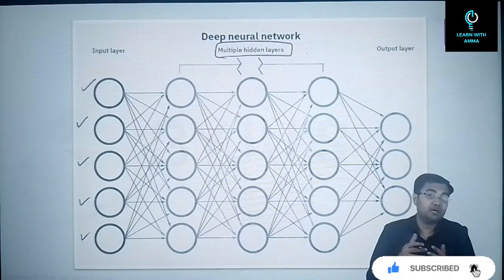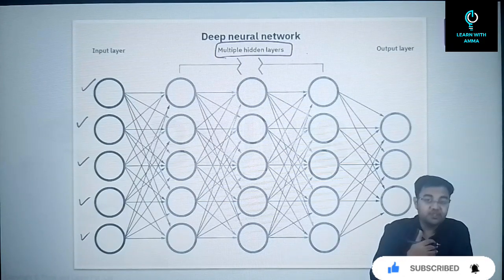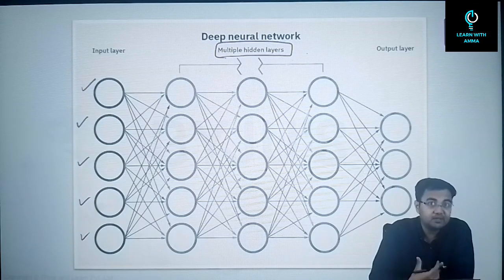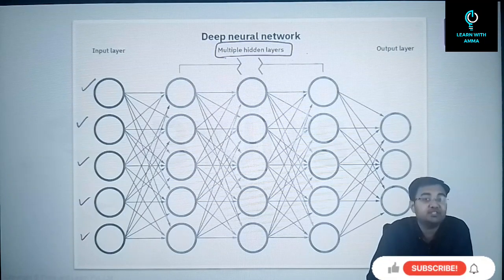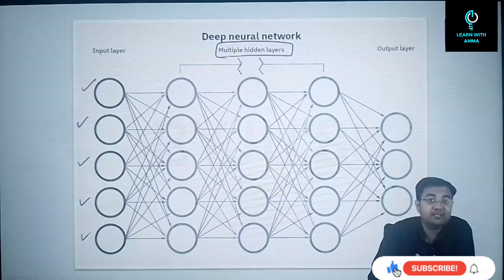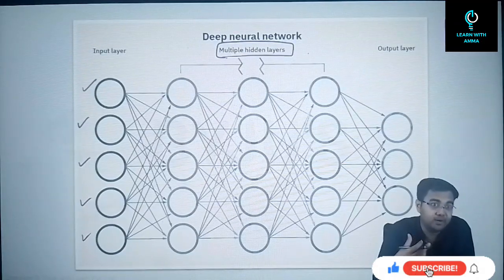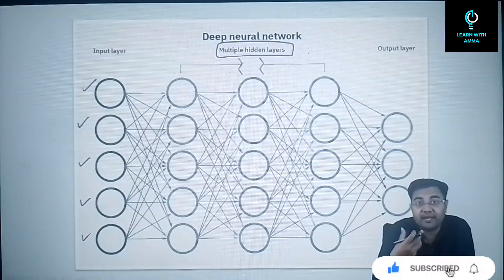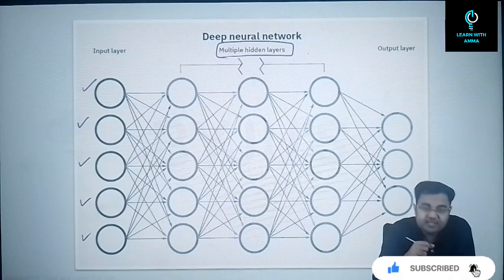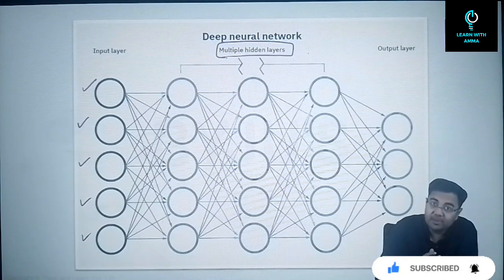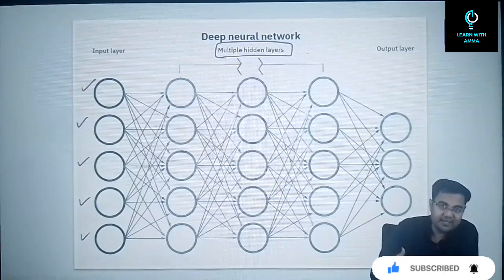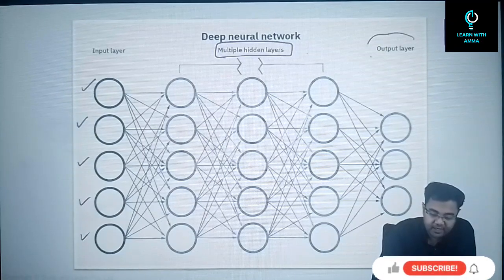And once the information passes through these different layers, the machine tries to understand the pattern, the behavior, the instructions that have been given, so that it understands how it needs to behave accordingly, how it needs to give an output accordingly. So this is how the things would work, that there will be multiple hidden layers, and through this layer ultimately we arrive at an output.